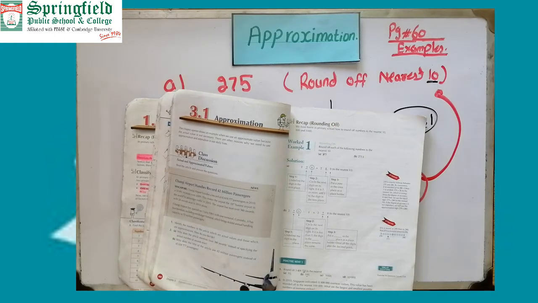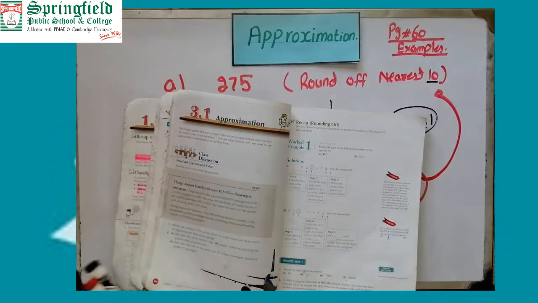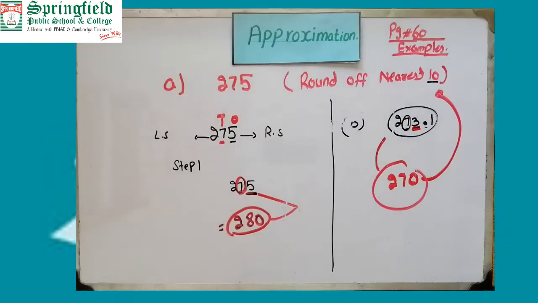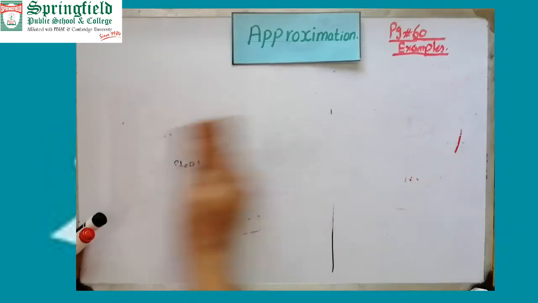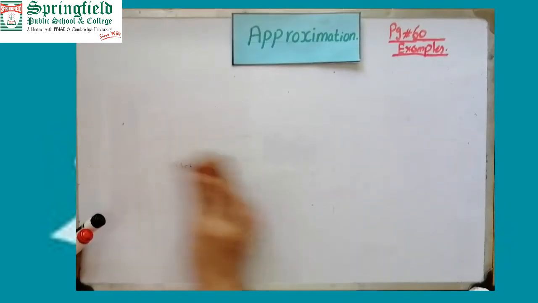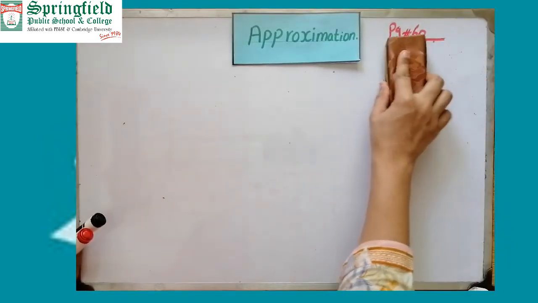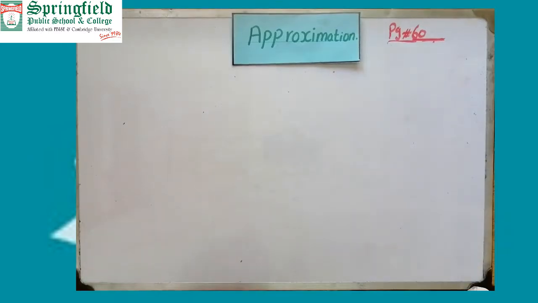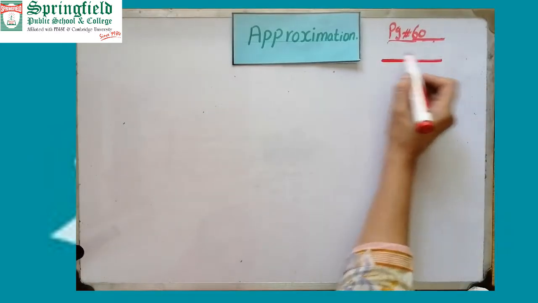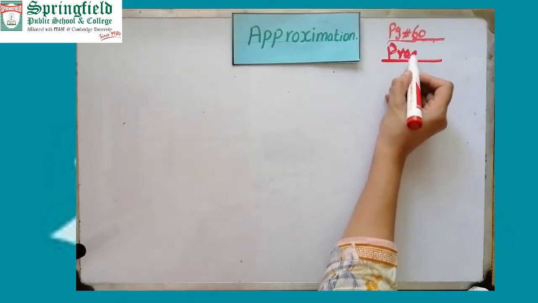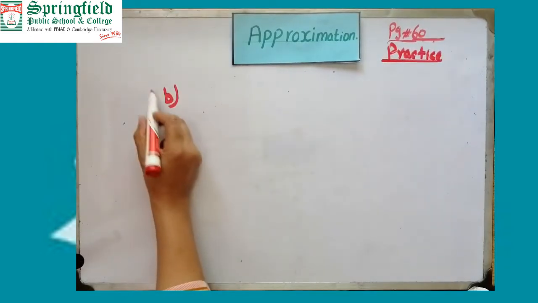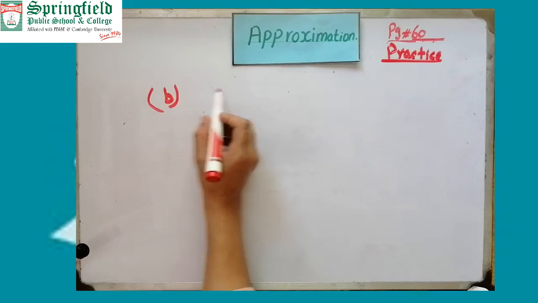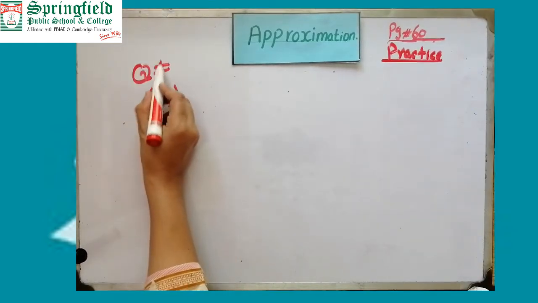Okay, in the second part, they are saying to round off to the nearest 100. Part B of question 1.